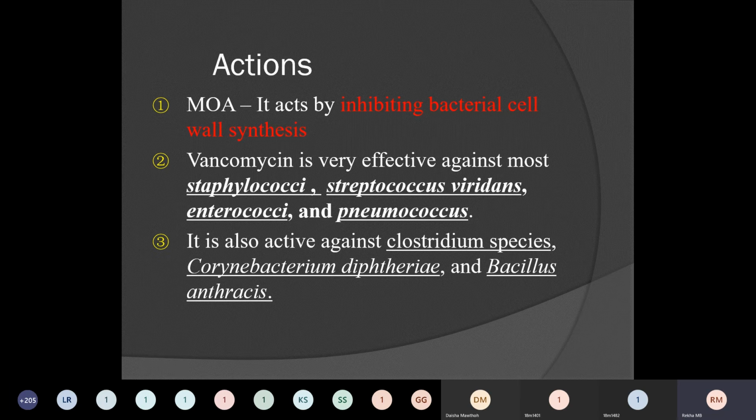Spectrum of activity: it is effective against MRSA, that is methicillin-resistant Staph aureus. It is effective against Streptococcus viridans, Enterococci, and Pneumococcus. It is also effective against Clostridium species like Clostridium difficile, Corynebacterium diphtheriae, and Bacillus.